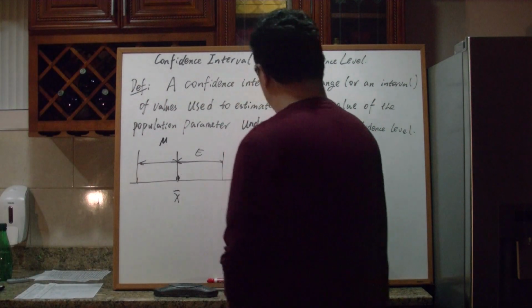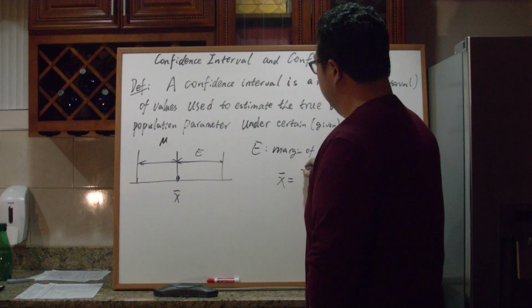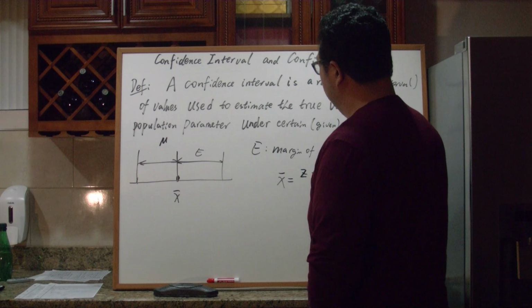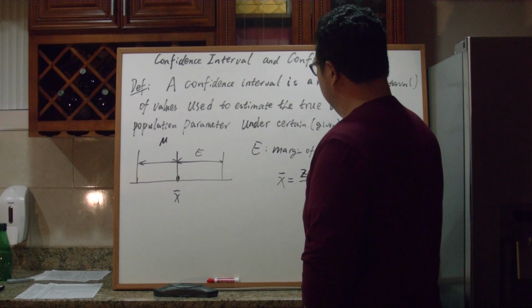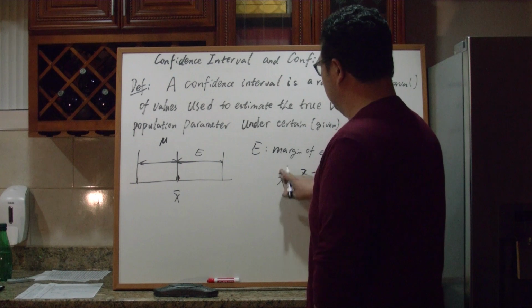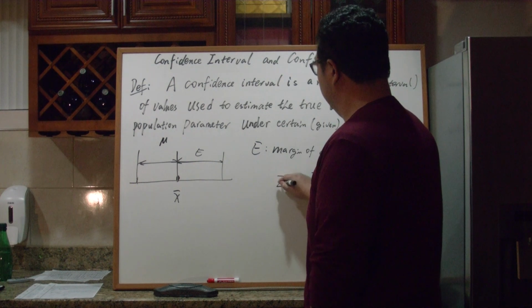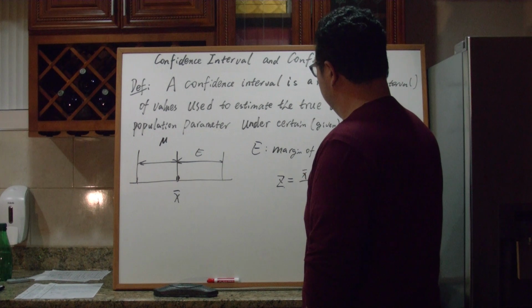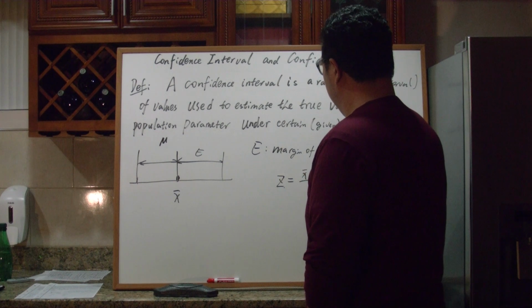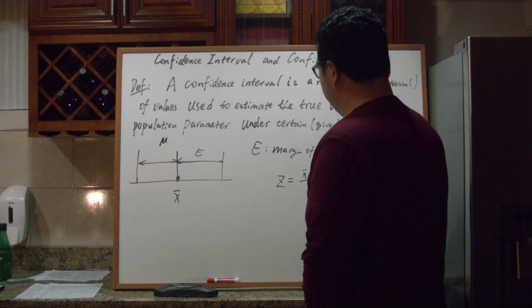Recall the z-score, where this one is sigma over radical n, and this one is the population mean.